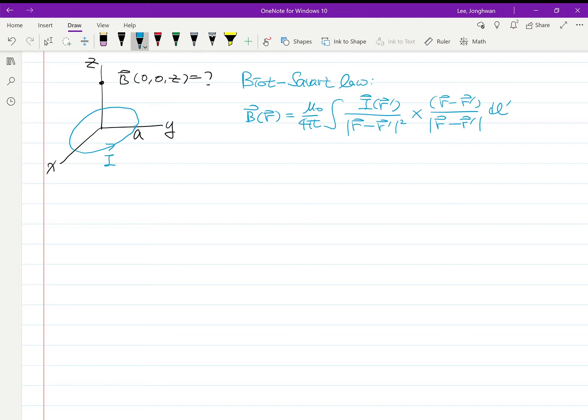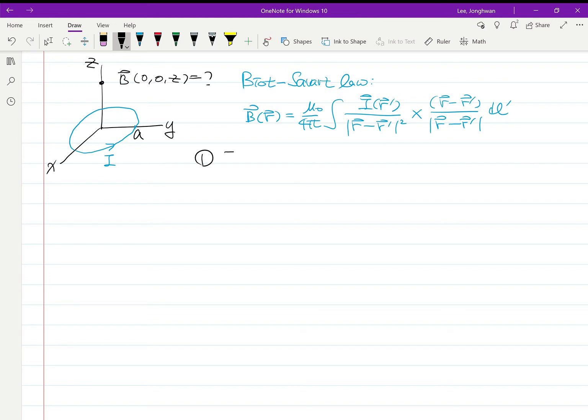So to use this formula, we have to identify all the components in the right hand side, and then we can do the math. In the right hand side, mu naught and pi are physical constants. So we have to find what is r, what is r prime, what is I at that r prime, and what's the integral range.